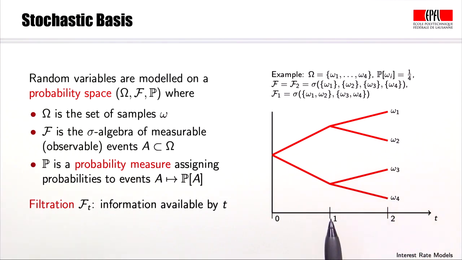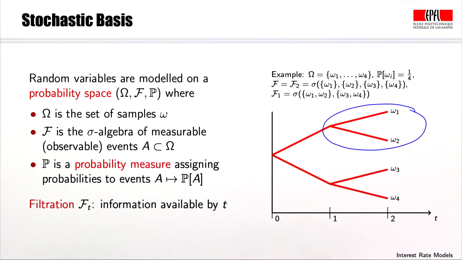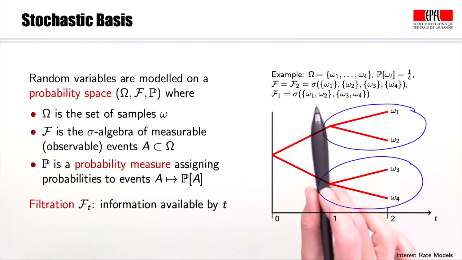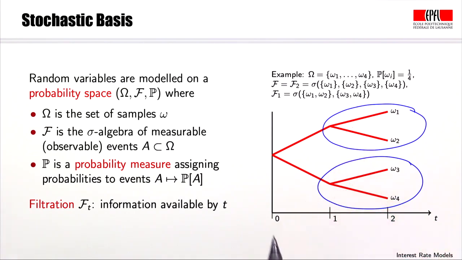However, at time 1, we can only tell whether we are in the set consisting of omega 1 and omega 2 or in the set consisting of omega 3 and omega 4. So the sigma algebra F1 consists of the 2 sets {omega 1, omega 2} and {omega 3, omega 4}. At time 0, the sigma algebra is trivial. We cannot distinguish any of the samples at time 0.